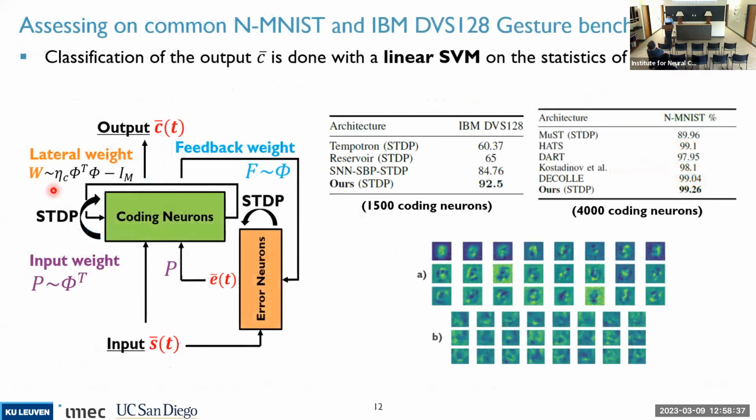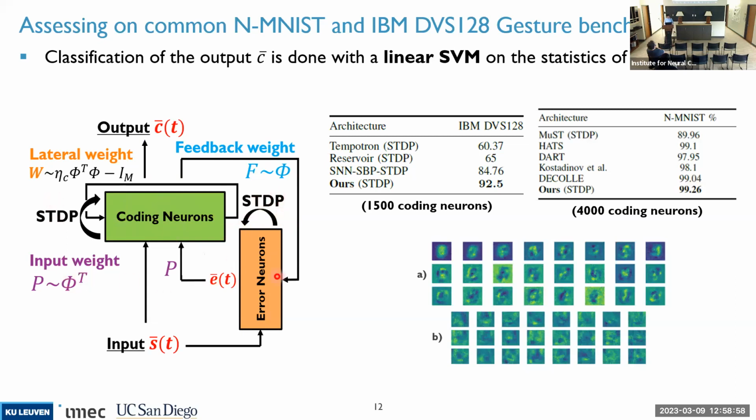Okay, so here again we have the network architecture, and you see again that these error neurons receive the input S and the output C through the feedback weights F, and therefore their output is akin to the error activity. As you see here, we feed it back to the coding neurons, and STDP is applied.